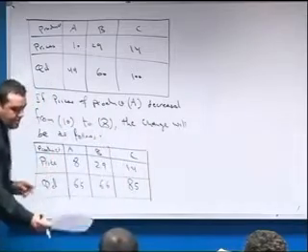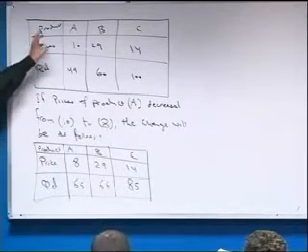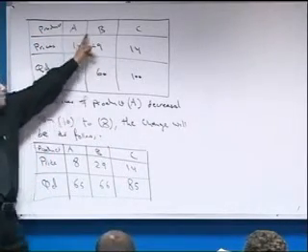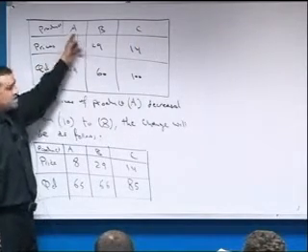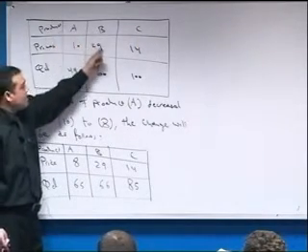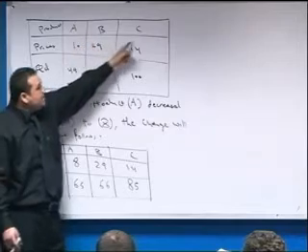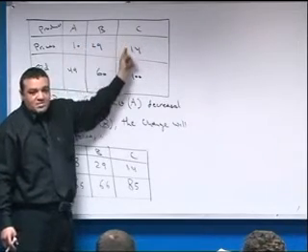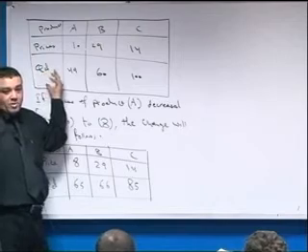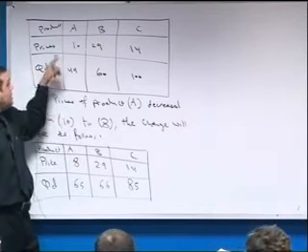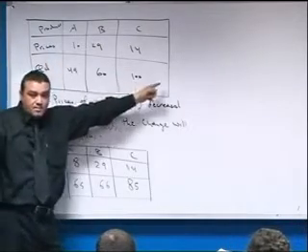As you see, we have three products, product A, B, and C. The price of product A is 10. The price of product B is 29. The price of product C is 14, and the original quantities demanded for these products are as you see.